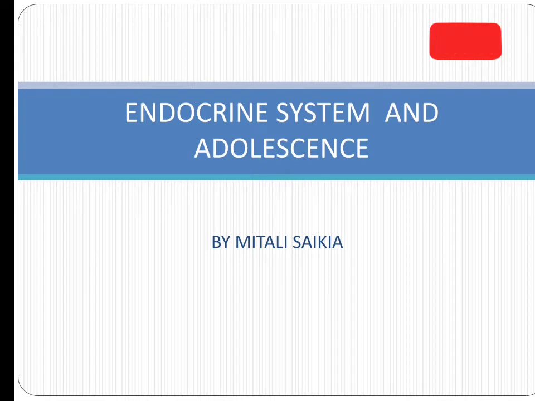And if you do something wrong or make some mistakes, and you get scolded by your parents, you feel very sad. So this sadness and happiness, these reactions, are known as emotions, and these emotions are shown by an organ system, known as the endocrine system.